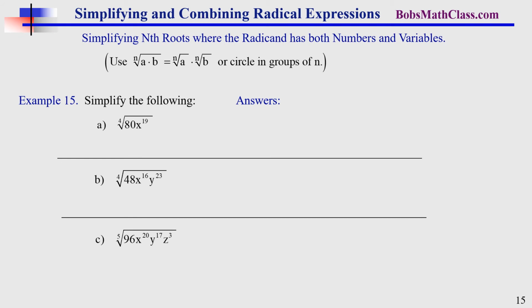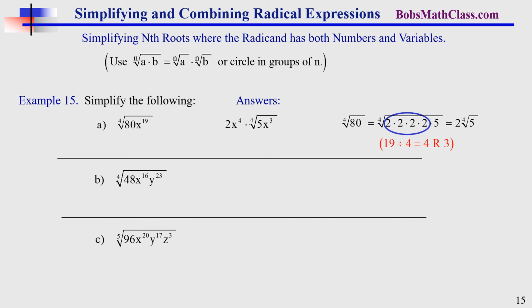Okay, so for the 80, find the prime factorization, and you should get 16 times 5, or 4 2's and a 5. If we get 4 2's and a 5, a 2 can come out and a 5 can stay inside. And then divide 4 into 19. 4 goes into 19 4 times with a remainder of 3.